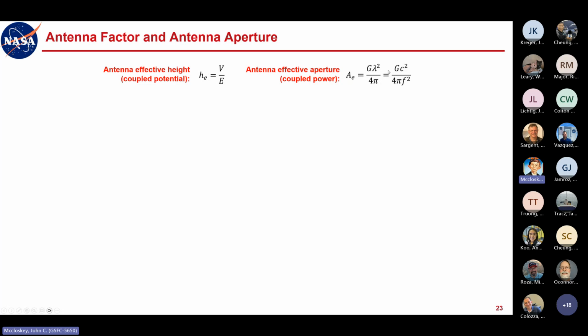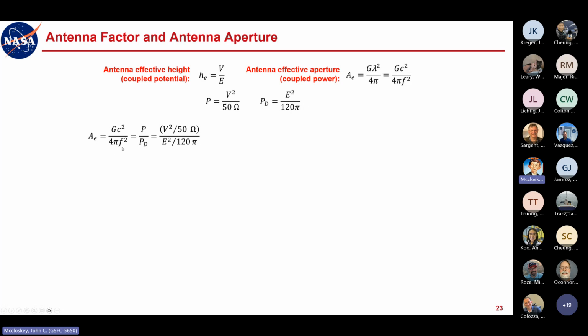So we get this alternate expression, g c squared over 4 pi f squared. In a 50 ohm system, assuming a 50 ohm receiver, which is typically what we have, the received power is the square of the received potential divided by 50 ohms. And the incident power density is the square of the electric field divided by the wave impedance of 120 pi.